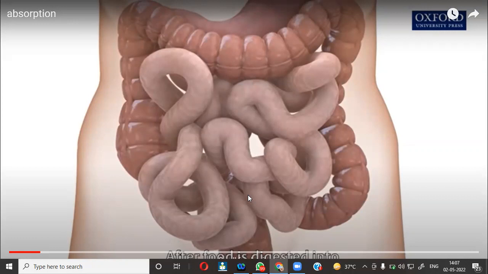So we will see the liver. It secretes bile juice, the bile salts, and the function of bile salt is that this bile is alkaline or basic in nature, so it gets mixed with acidic food and makes the food alkaline, so that other intestinal juices can act on the food.